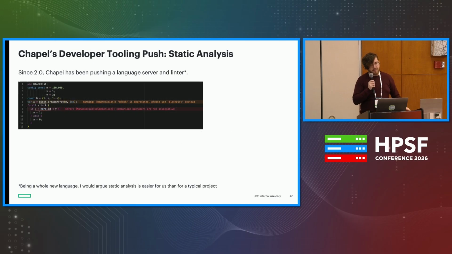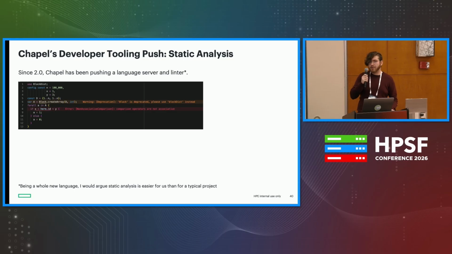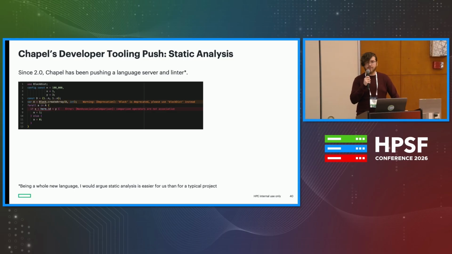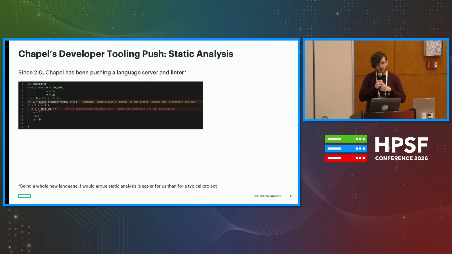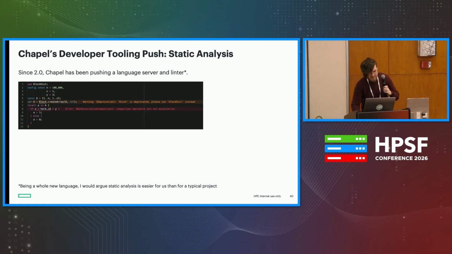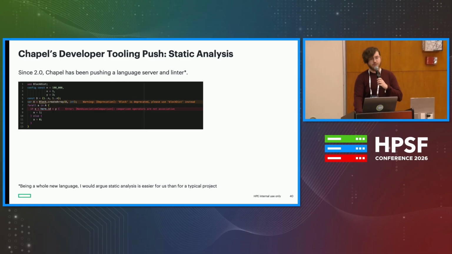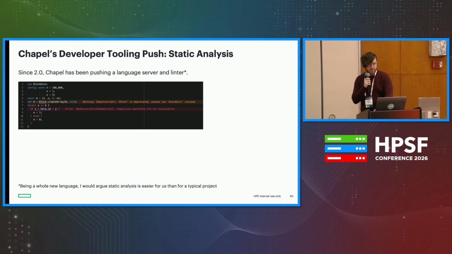On the Chapel team, since the 2.0 release, we've done quite a bit of work with the static sort of things. So we've worked on a language server which integrates Chapel with a text editor. Here I have some diagnostics shown to me in, this is probably Visual Studio Code, but it works in other editors as well.